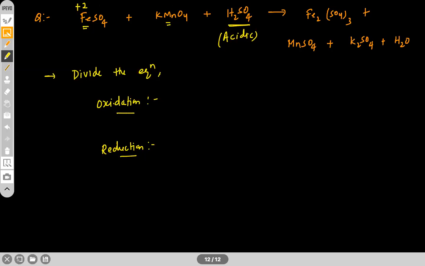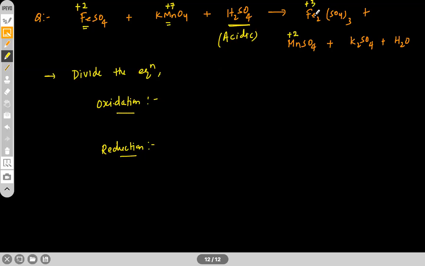Manganese, if you find, it is +7 here. Okay. Here manganese is +2. Iron is +3. And that is the change we have here. All other elements, if you see, both sides, the oxidation state is not changing. Right?